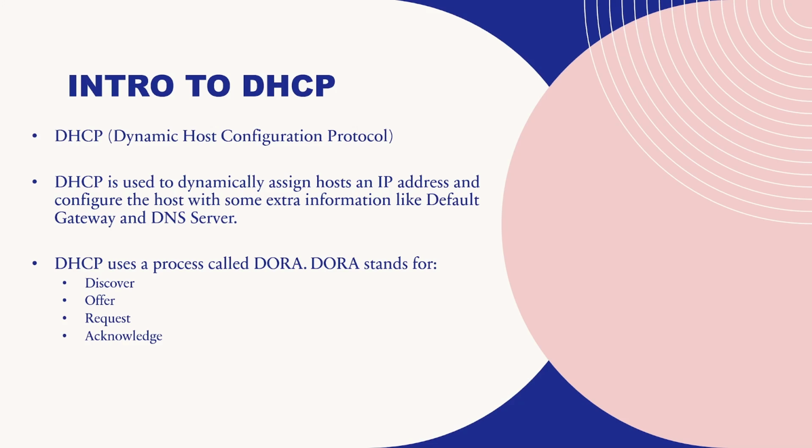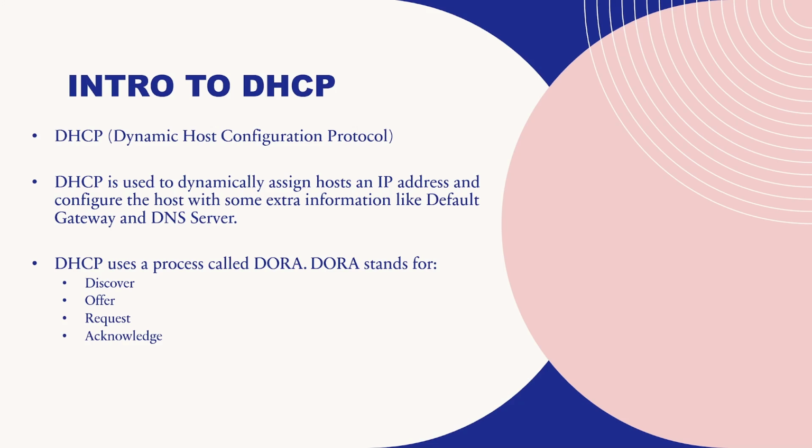The thing that we didn't go over last time was that it uses a process called DORA. DORA stands for Discover, Offer, Request, and Acknowledge. This is easy to remember if you know Dora the Explorer. Just her name is the abbreviation for this.